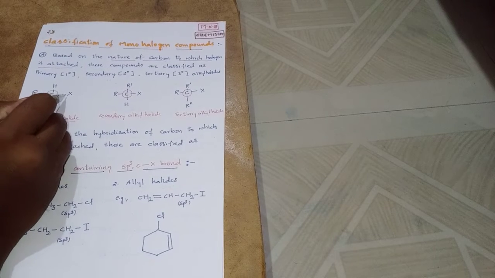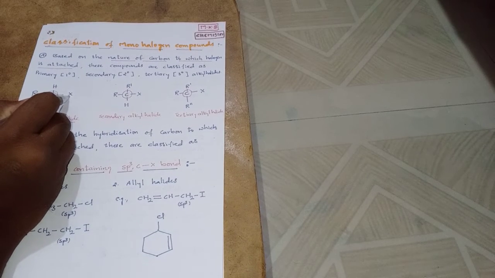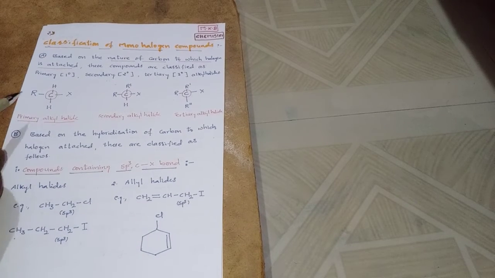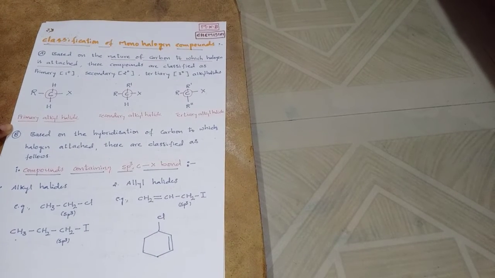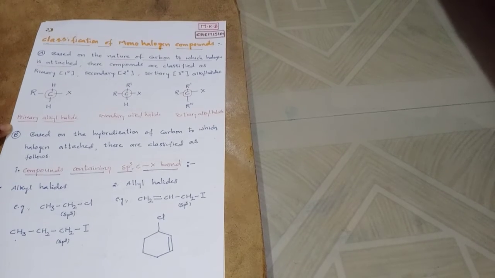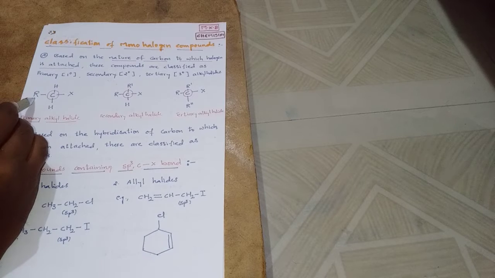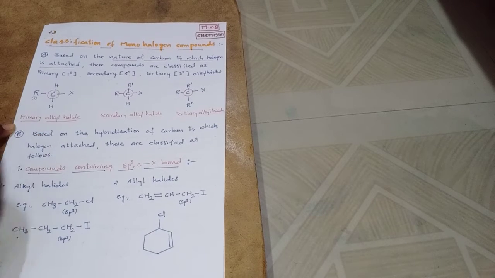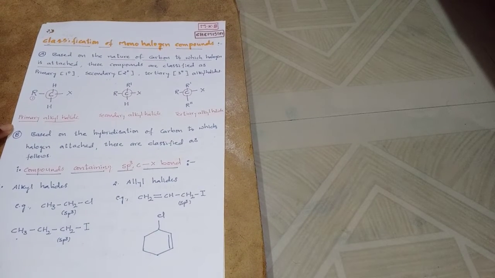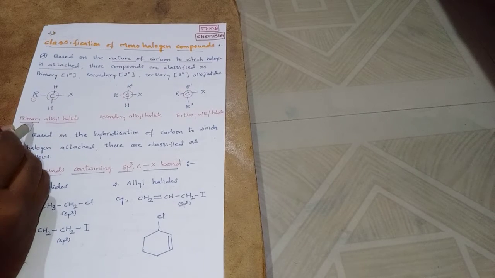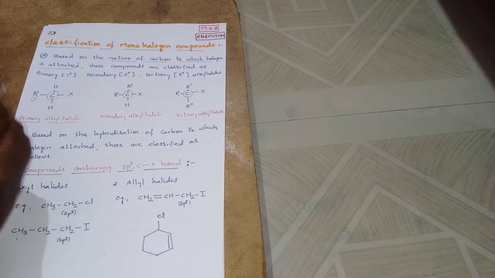Because this halogen is attached to this carbon, which is attached to only one alkyl group. Such type of alkyl halide is called primary alkyl halide.